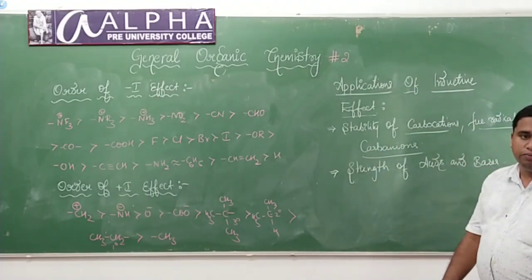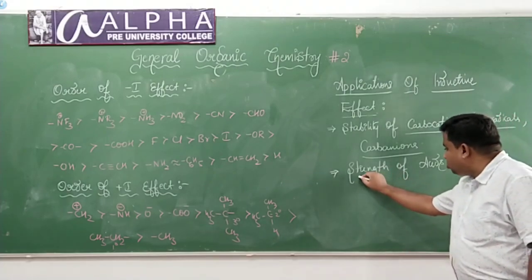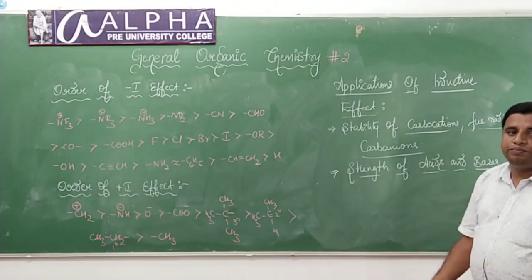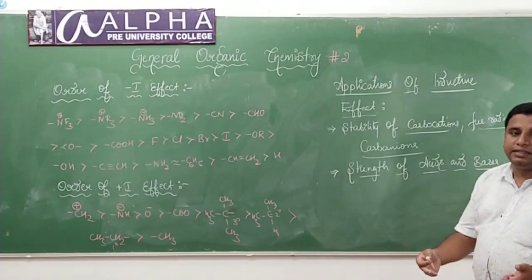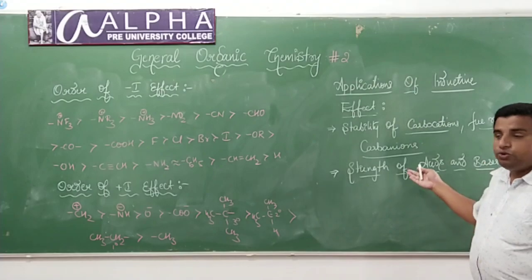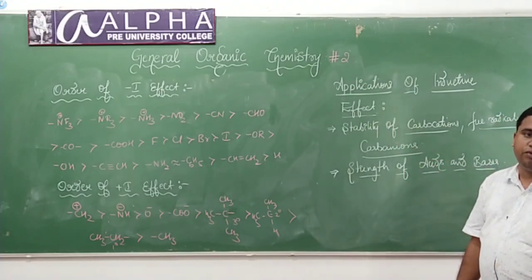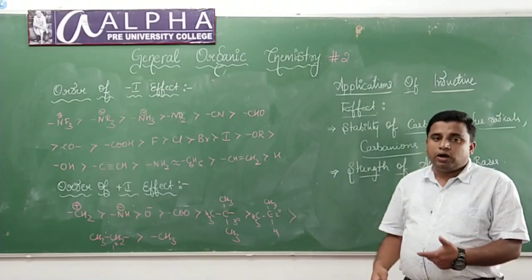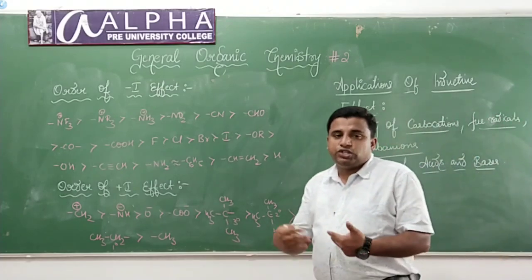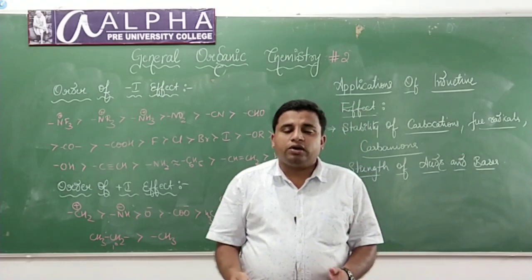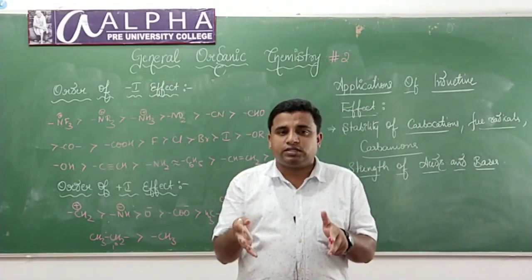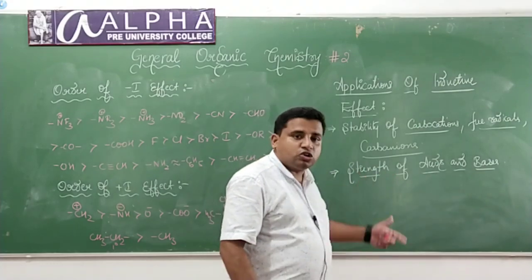Now in this video we will understand the strength of acids and bases, how to depict the strength of an acid and how to depict the strength of a base, using either negative inductive effect or positive inductive effect. So well, before I talk about the acidic nature or the basic nature, first we will solve some very preliminary MCQs, and then we will take up these concepts.